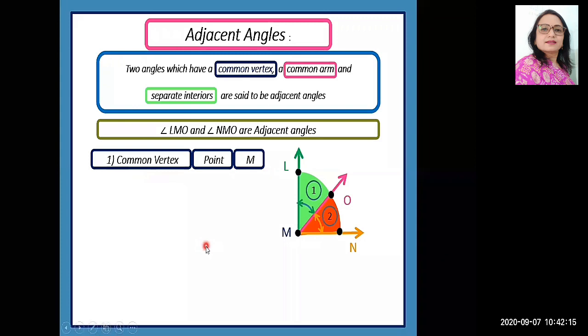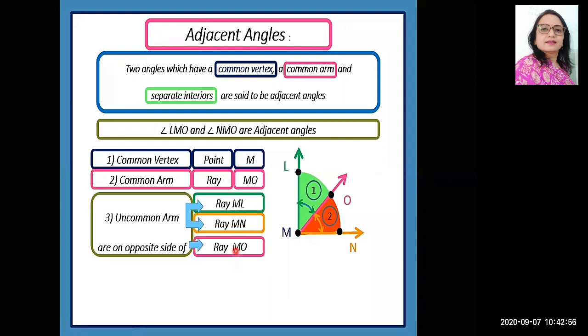Now, the second condition is a common arm. Do angle LMO and angle NMO have a common arm? Yes. Ray MO is the common arm of these two angles. We saw the common wall of S and V's houses, in the same way here angle LMO and angle NMO have a common arm, that is ray MO.